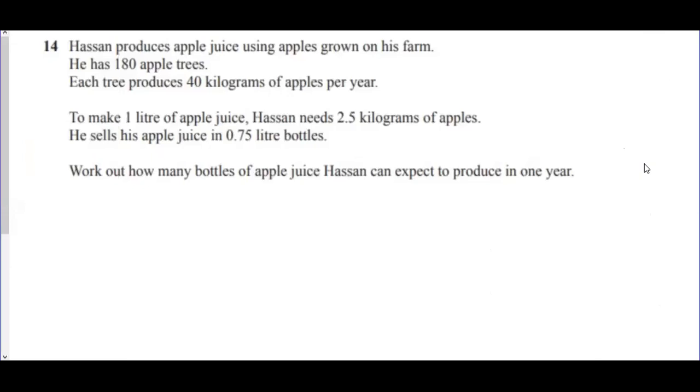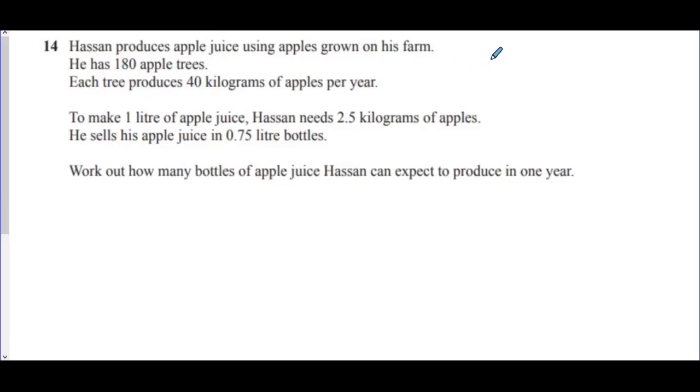This question says that Hassan produces apple juice using apples grown on his farm. He has 180 apple trees, and each tree produces 40 kilograms of apples per year.